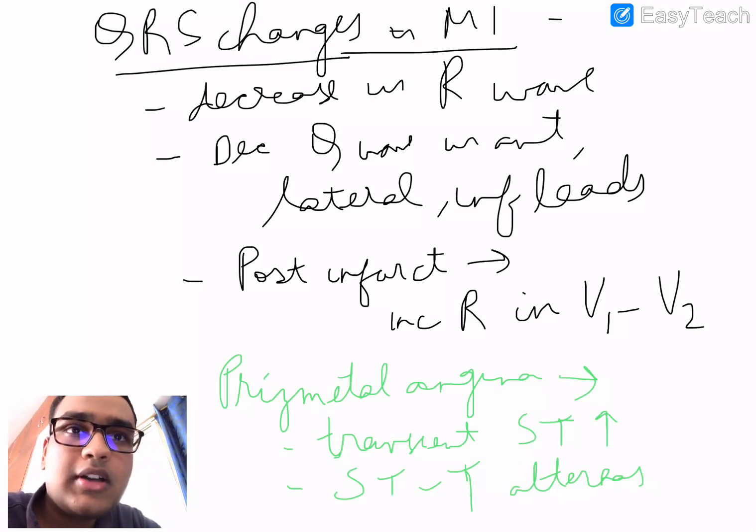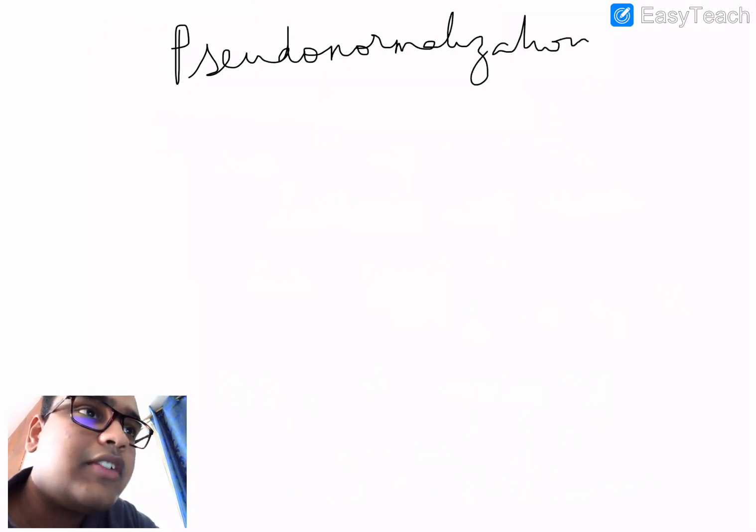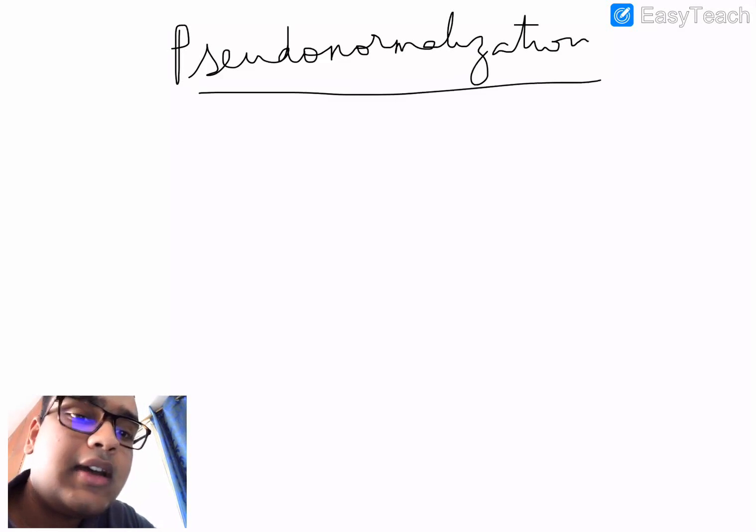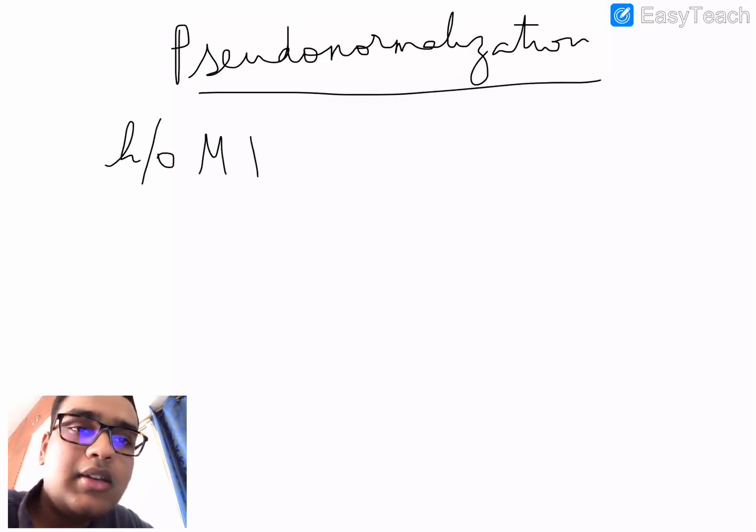Now one more important topic, something known as pseudo normalization. Say a patient had an MI 5 years back. There could be a slight ST depression as the baseline ECG for that person, because of the history of MI in the past.